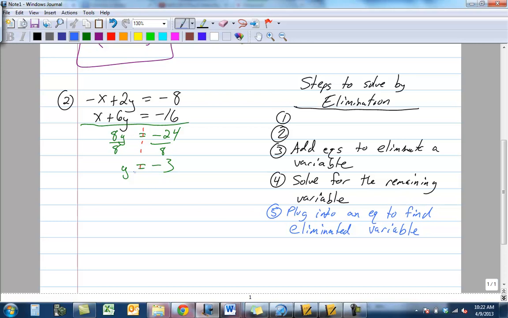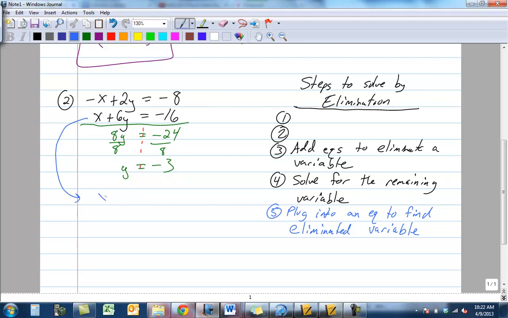So we got y is equal to negative 3. We still got to find x. So which equation are we going to plug into? Again, here's the thing. It doesn't matter which one. But some equations are just easier to avoid mistakes with than others. Here, I think the top one is the most mistake prone. I would use the bottom equation here.